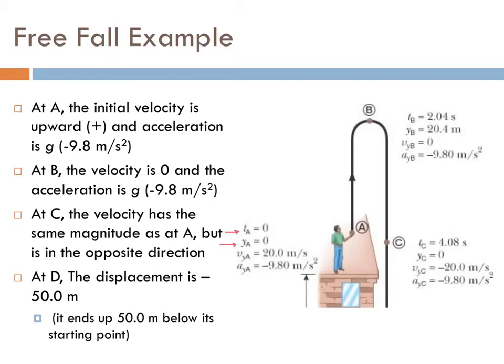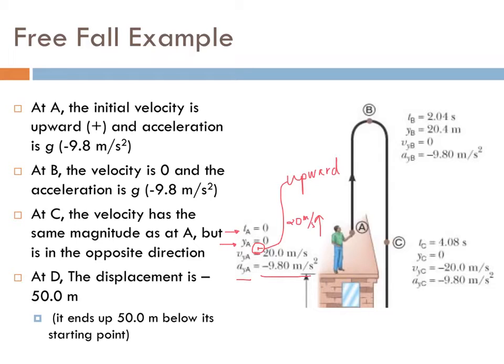That means I've given it an initial velocity upward of 20 meters per second. Again, the fact that it's positive here tells us that we're moving upward. Also, at this point, like at all points, our acceleration due to gravity will always be negative 9.8.